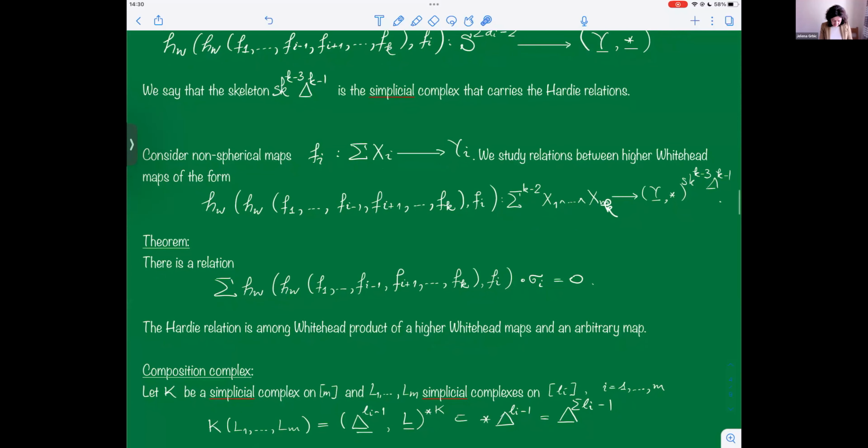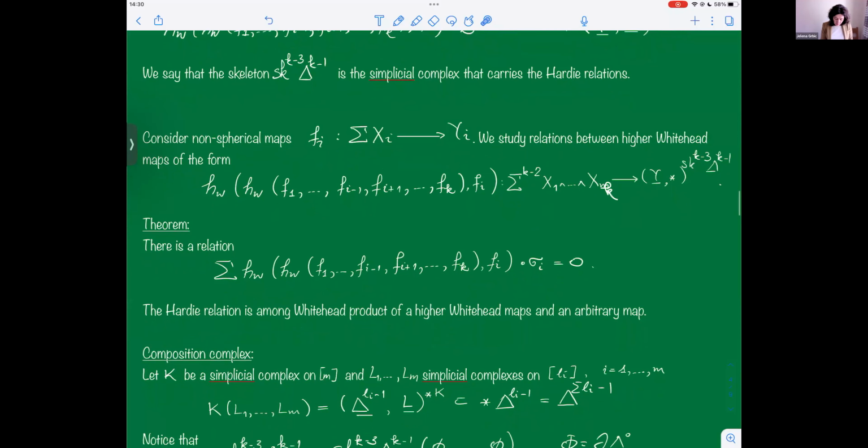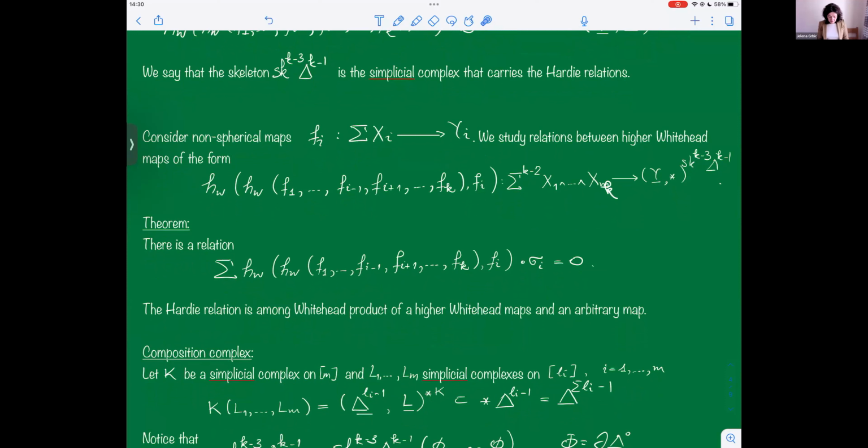Okay, but that's a technical thing. So what is the real improvement, as I said, is that we are obtaining the Hardie relation for high Whitehead maps of non-spherical maps.